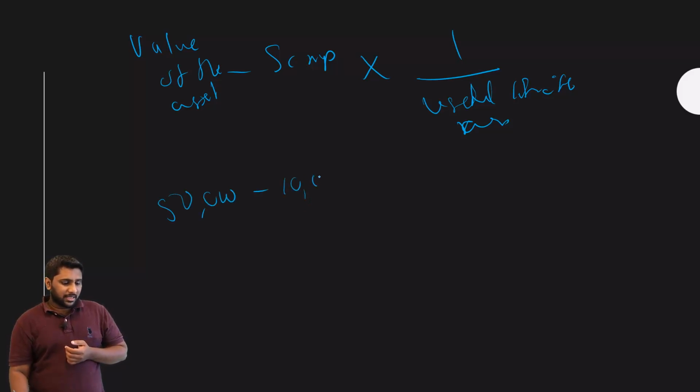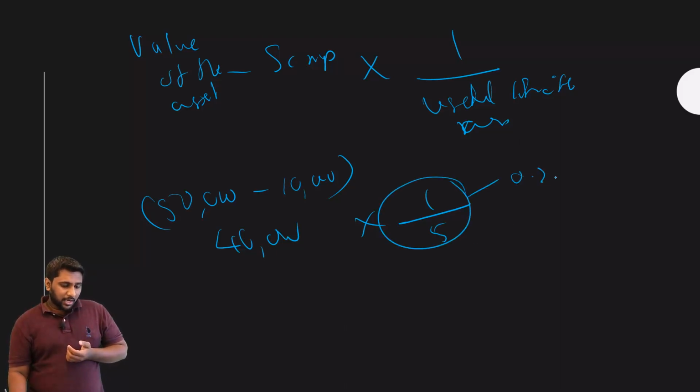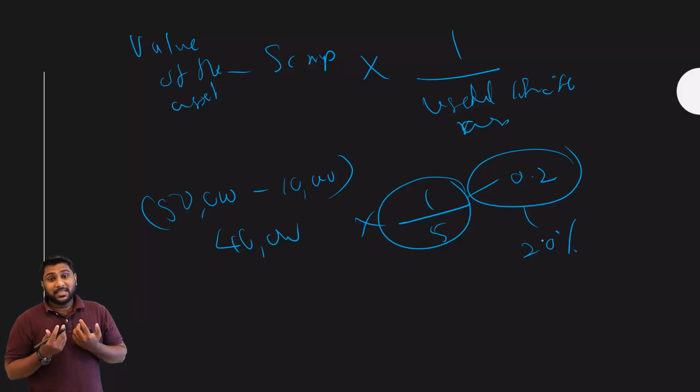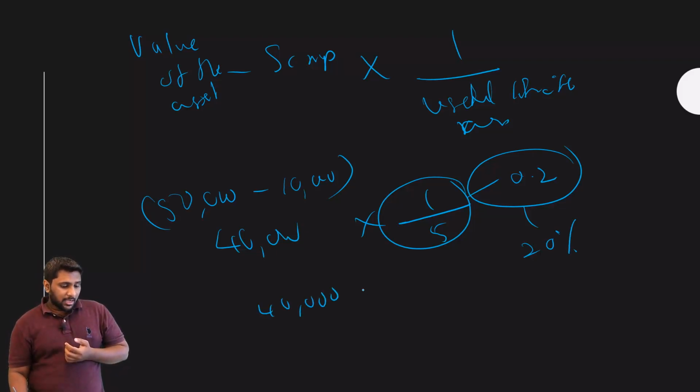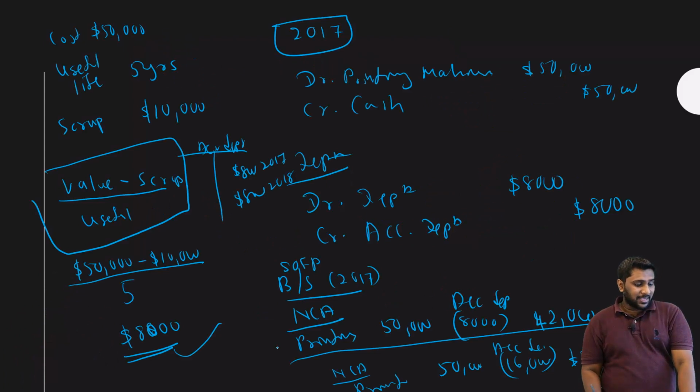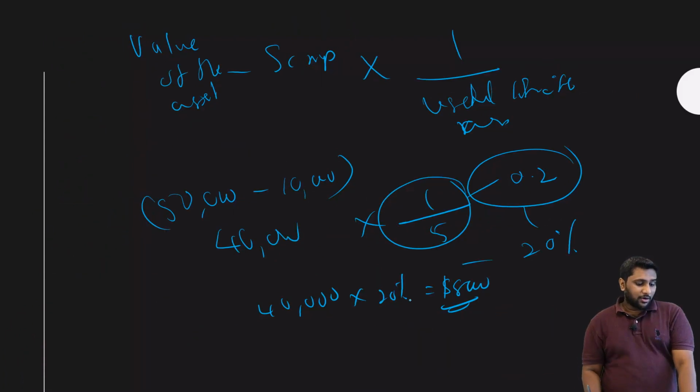Scrap is how much? 10,000. So you are getting a depreciable value of 40,000, into 1 divided by useful life of the asset, which is 5. So that is 0.2. That means 0.2 is 20%. Depreciation per annum is 20%. So 40,000 into 20%, how much are you getting? 8,000 US dollars.